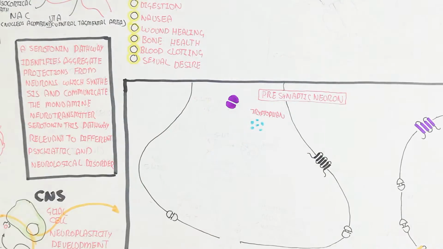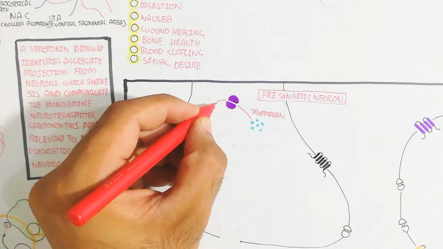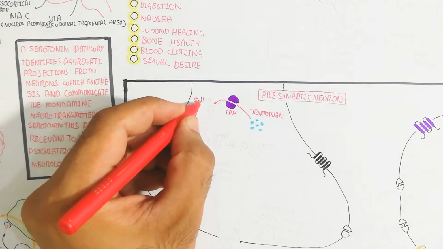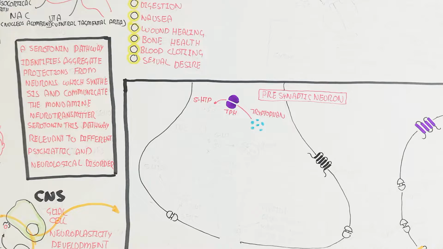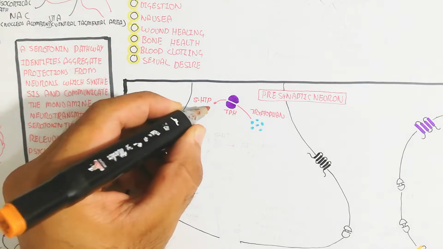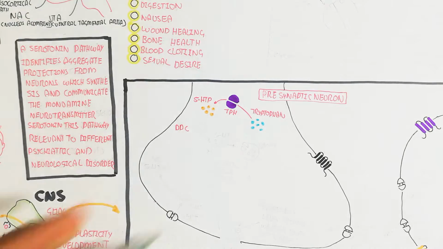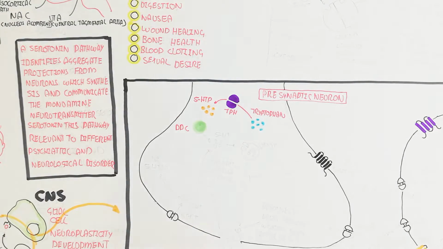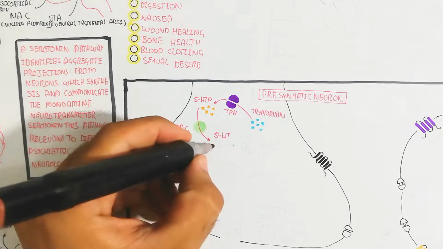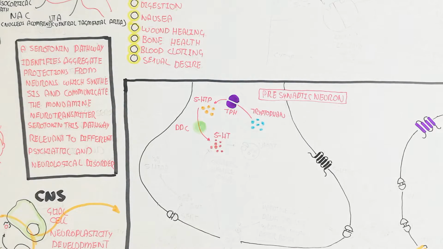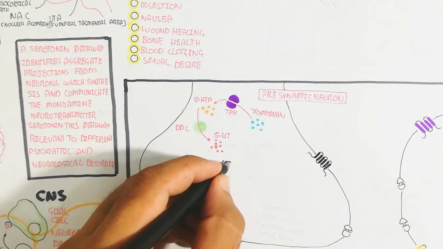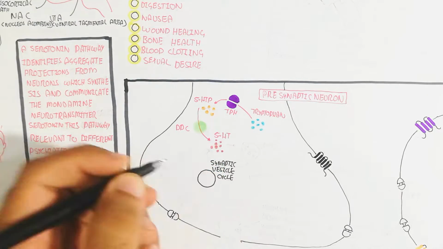So for example in the VTA, tryptophan will be converted into 5-HTP, hydroxytryptophan, by the TPH, the tryptophan hydroxylase enzyme. And the DDC enzyme will convert the 5-HTP to 5-HT.